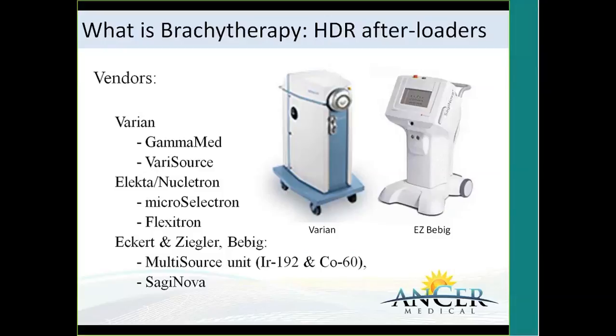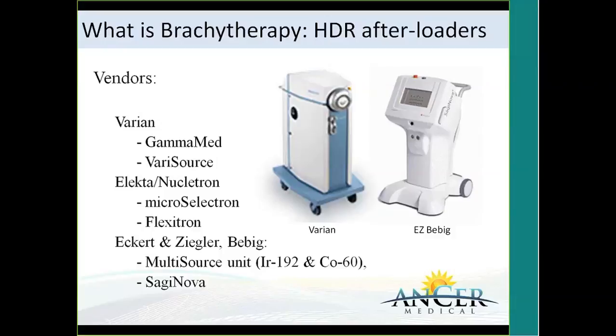Varian has 2 lines of afterloaders, the GammaMed and the VariSource. The GammaMed is the one that we have here at Sloan Kettering. The Elekta Nucleotron has 2 lines of afterloaders, the MicroSelectron, which is being phased out, and the Flexitron, which is replacing it. Eckert and Ziegler have the multi-source and the Staginova.